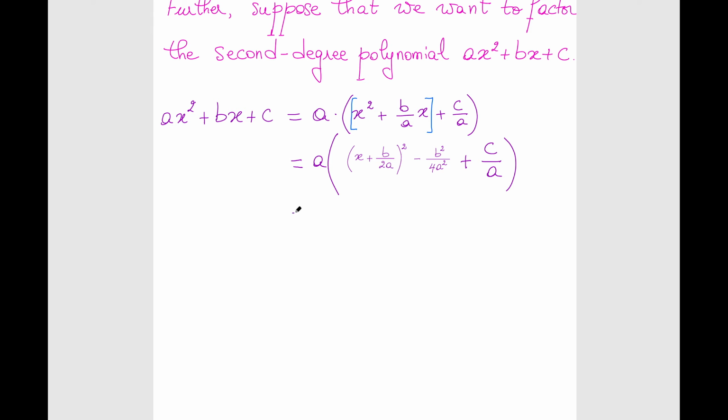So we get a times x plus b over 2a, squared, minus b squared over 4a squared. Again, as we said, we want to rewrite this as something over 4a squared. Why? Because I would like to combine these last two. You're going to see why.